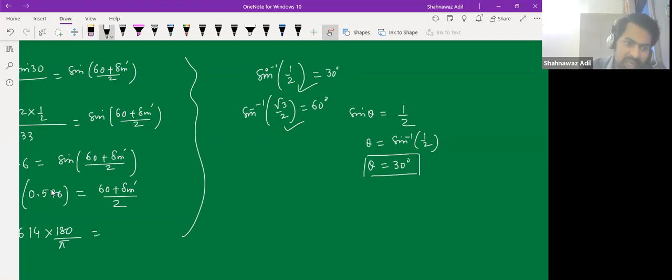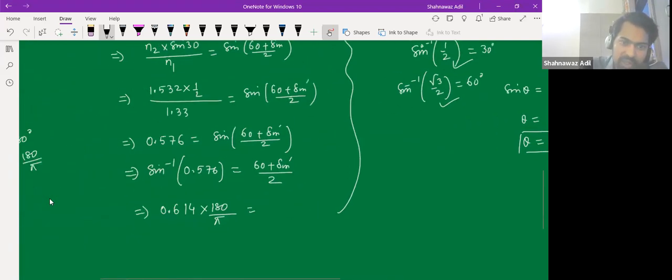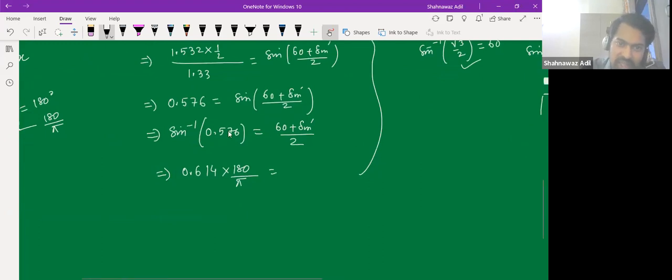But if you are getting some other value, either you can write it in this manner, or they will give you the value. In the question paper, they will give you that sine inverse of this value is this much. Or you can keep the answer like this.